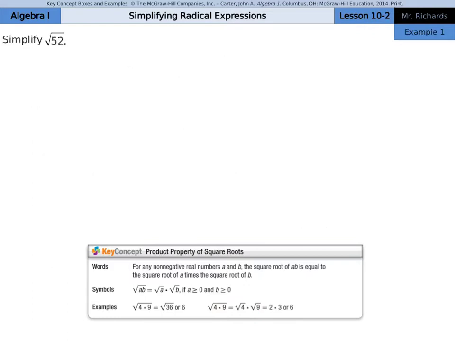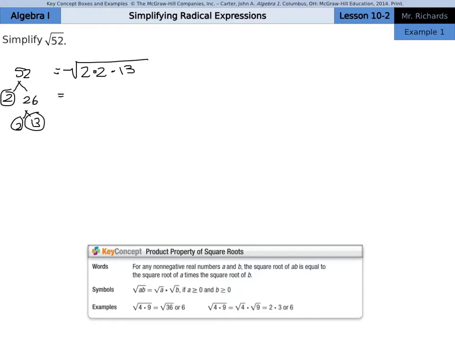Simplify the square root of 52. If we look at the prime factorization of 52, you may need to make a factor tree to get started. 52 is 2 times 26, and 26 is 2 times 13. So the prime factors of 52 are 2, 2, and 13. So 52 is equal to 2 times 2 times 13.